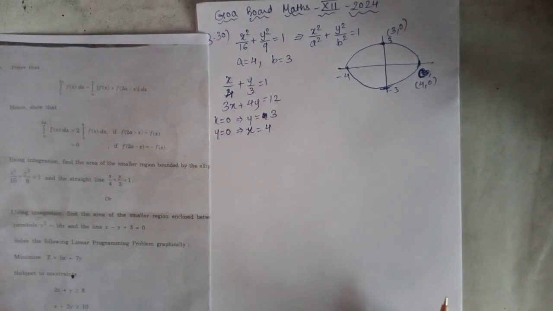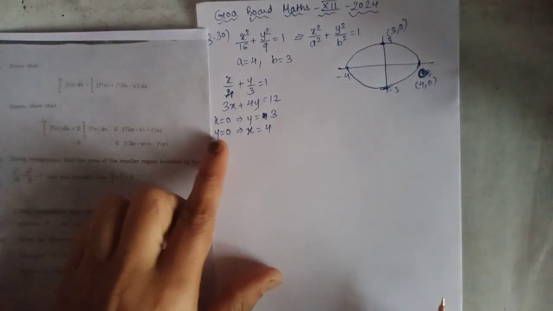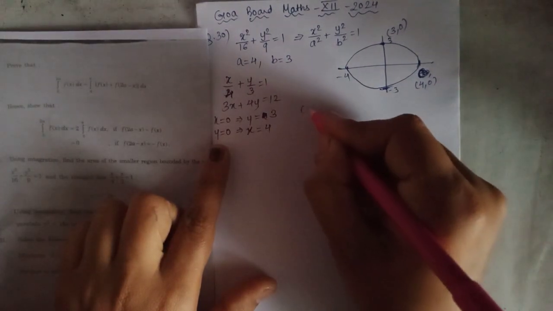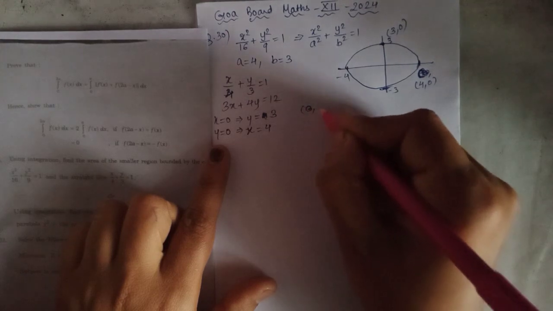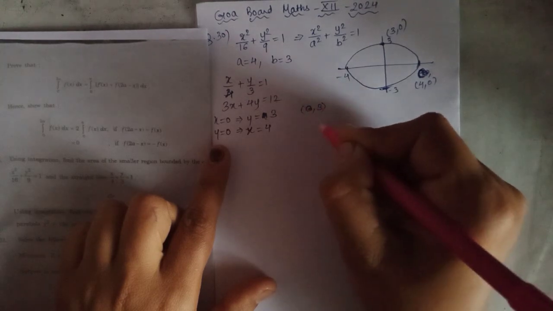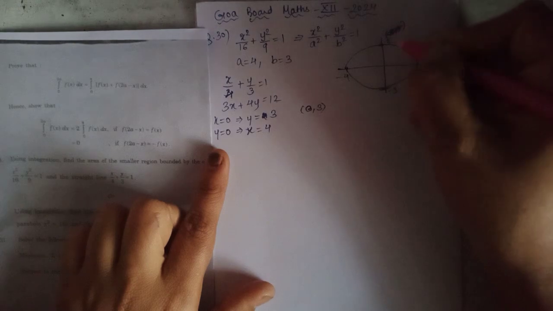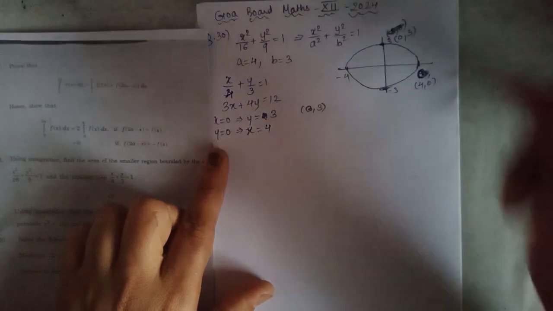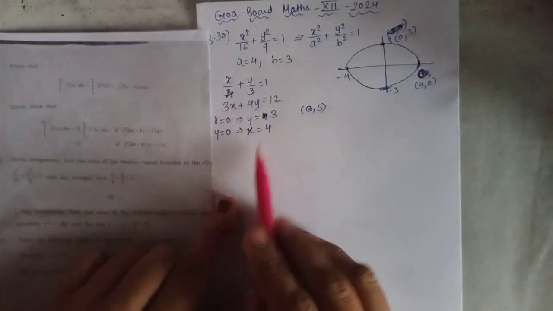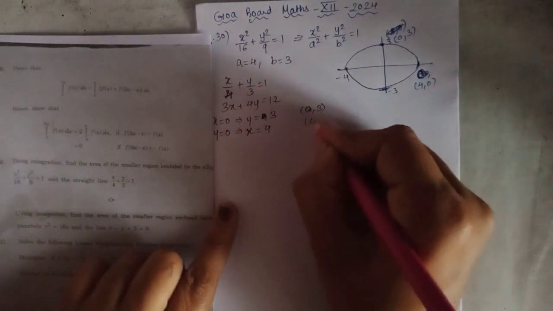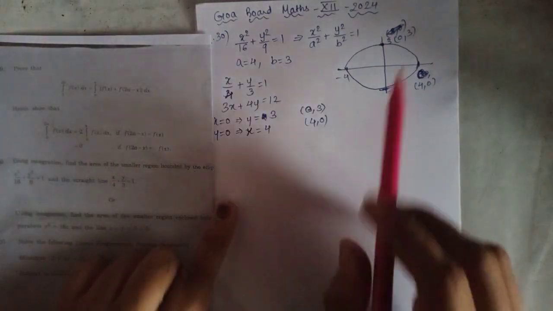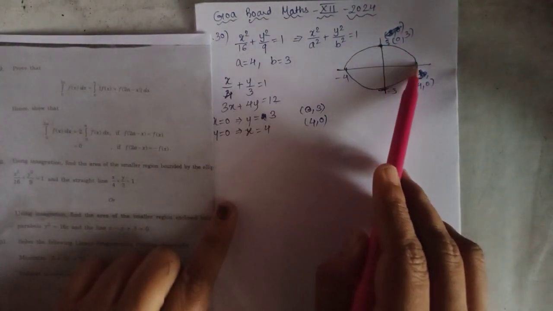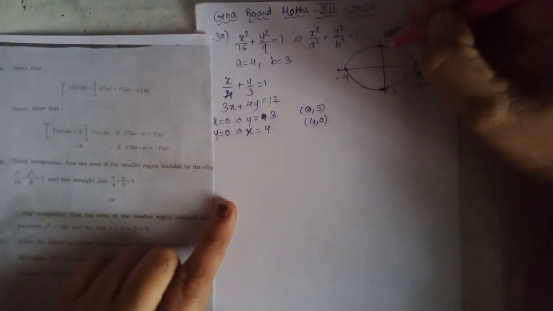So we get the same points, 0 comma 3, because the y coordinate is 3, and 4 comma 0. The line passes through these two points, so the line is like this.